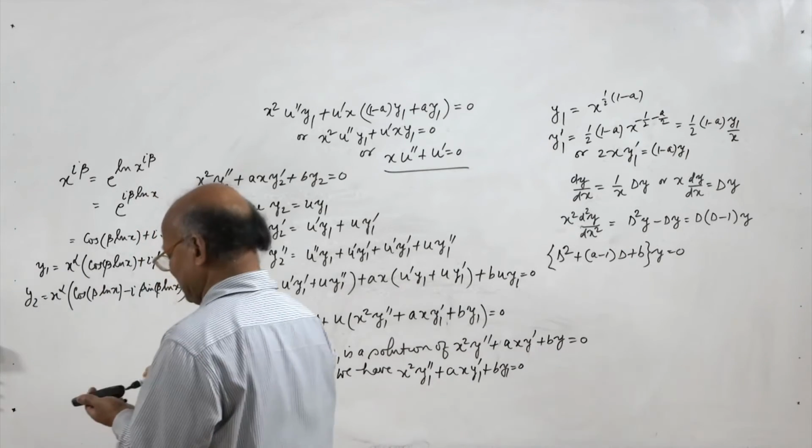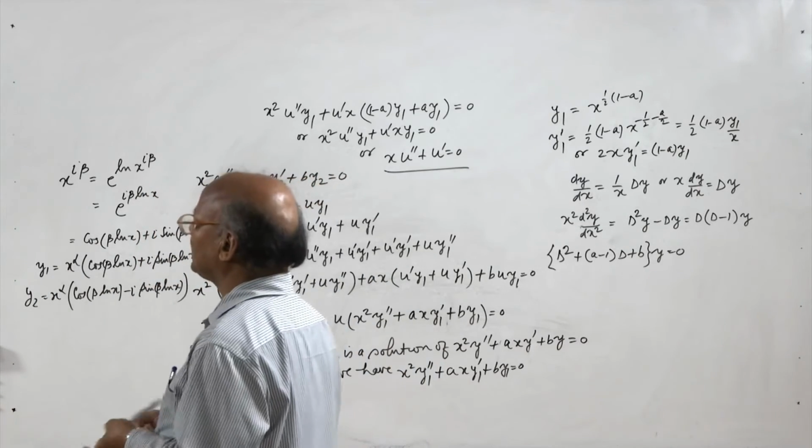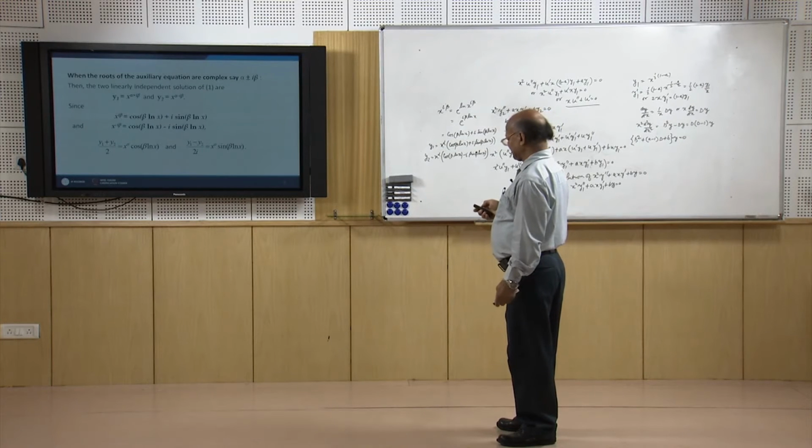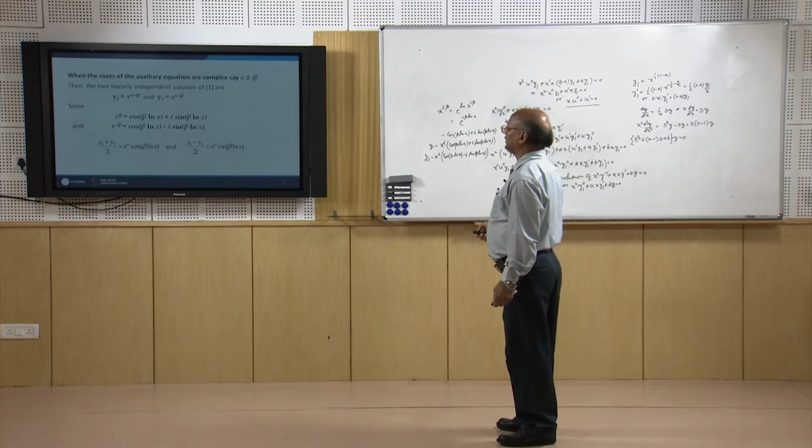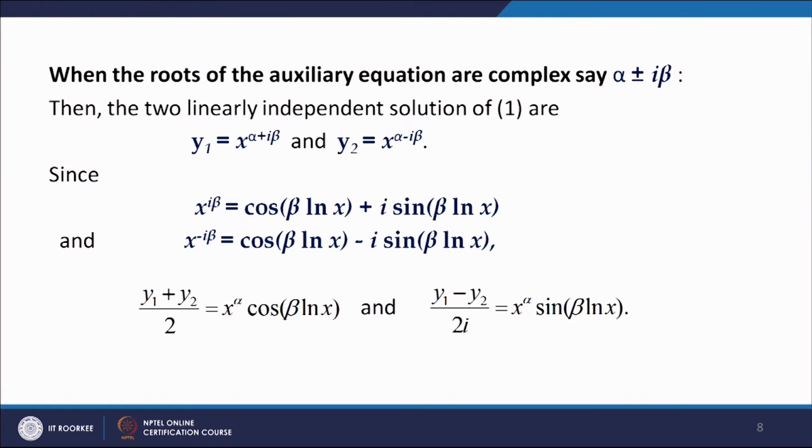So adding y1 and y2 we get 2x to the power alpha cos beta ln x, or we can say y1 plus y2 over 2 is x to the power alpha cos beta ln x, and y1 minus y2 divided by 2i is equal to x to the power alpha sin beta ln x.